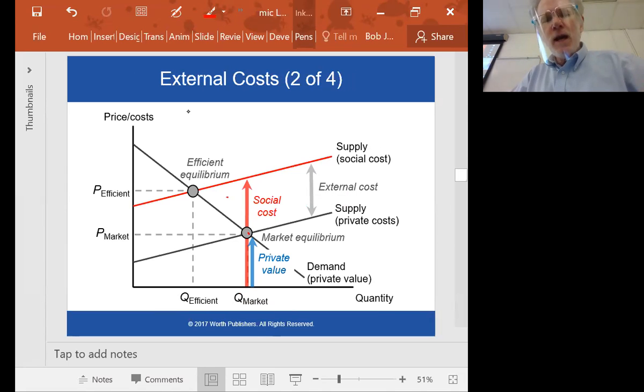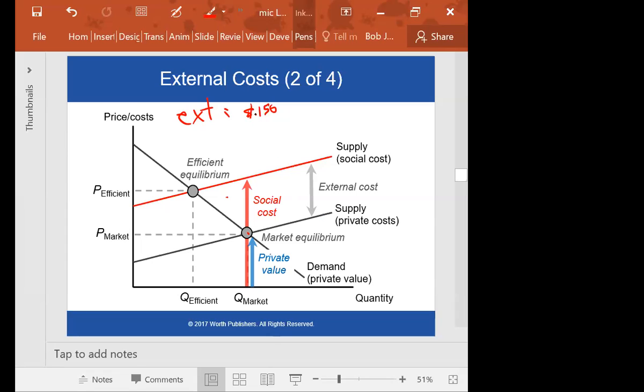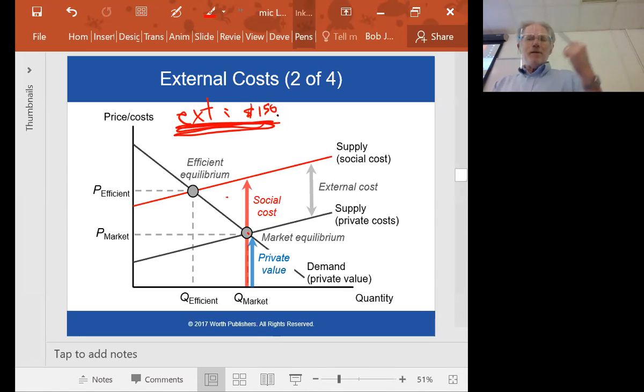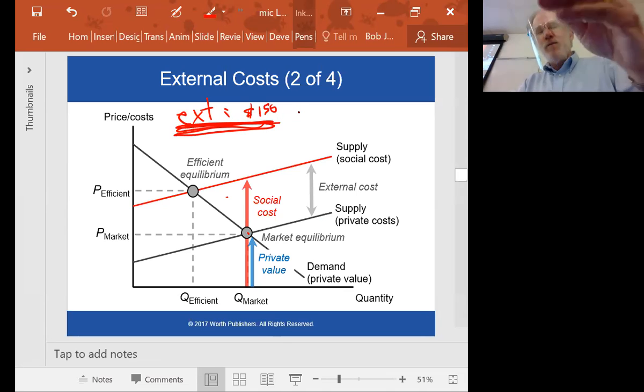We're assuming that the external cost is $150 per tire. Okay. So the problem is that the supply curve, the private supply curve, doesn't reflect that $150 cost. So if we know this is the case, an easy way to impose a $150 cost on the producer is to say for every unit you produce, you have to pay a $150 tax.